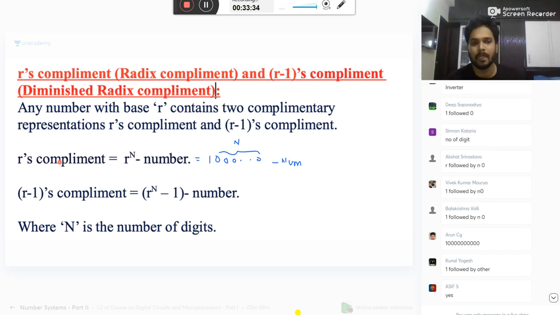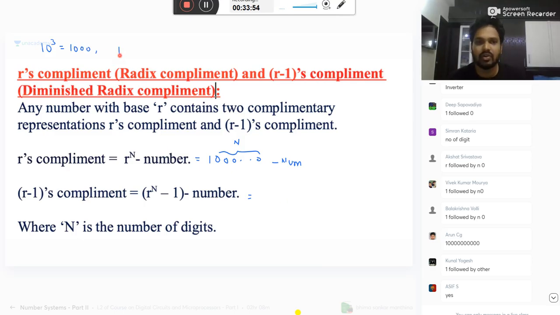Next, R minus 1's complement. R minus 1's complement is R power n minus 1 minus number. That is, just subtract one from R power n. If you have 10 power 3, it is 1 followed by 3 zeros.